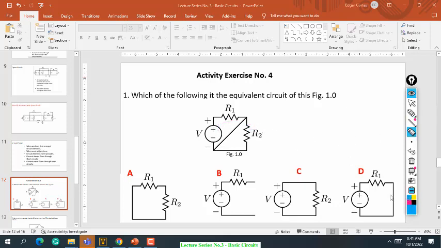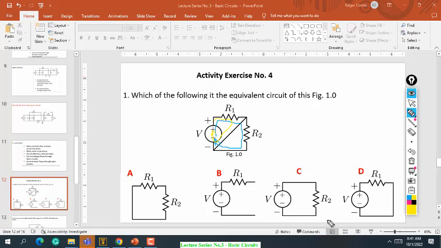Instead of the current flowing to this area and back to the source, the current will now flow to the short circuit and go back. And that would be the highlight of your analysis in answering activity exercise number 1, whether that is A, B, C, or D.